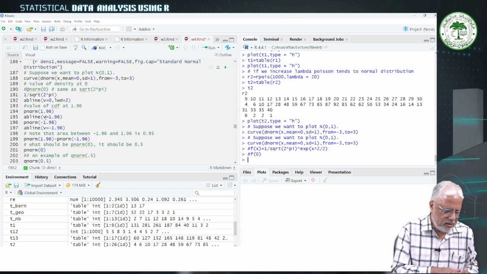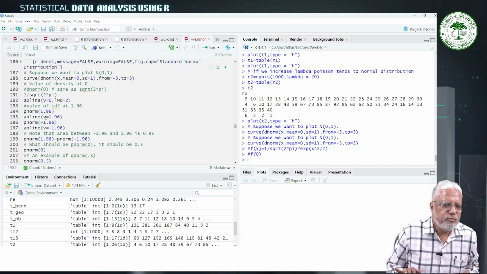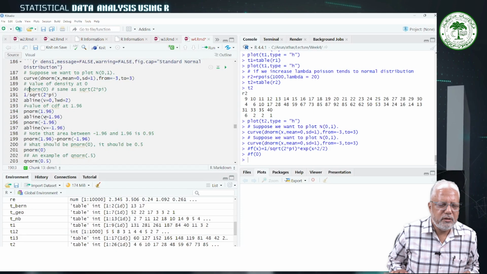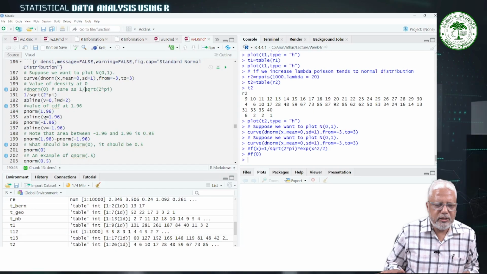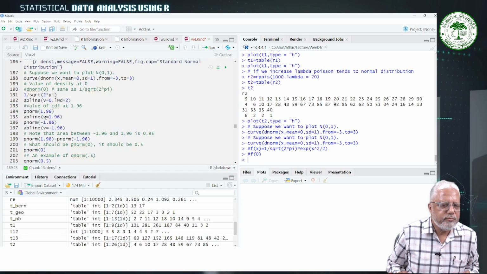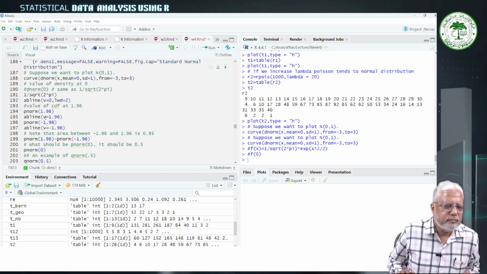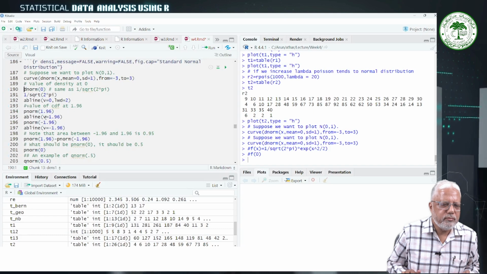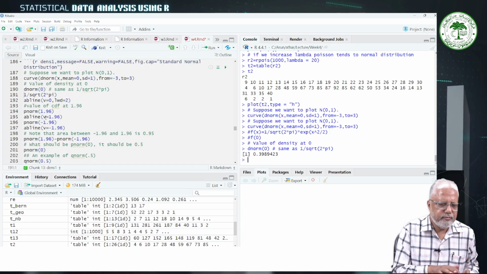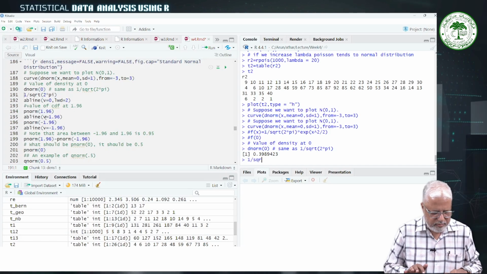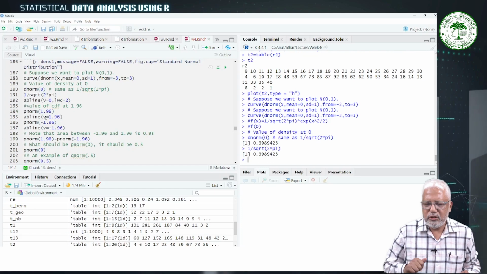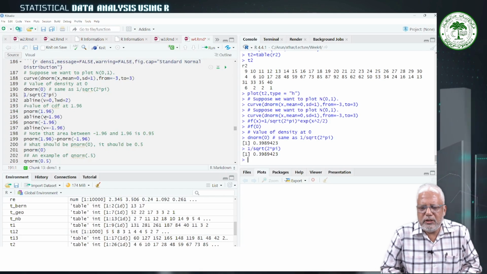So that's why I have explained here that dnorm at 0 is the same as 1 divided by square root 2 pi, which is the same value 0.39. So this is the value of the density at 0.